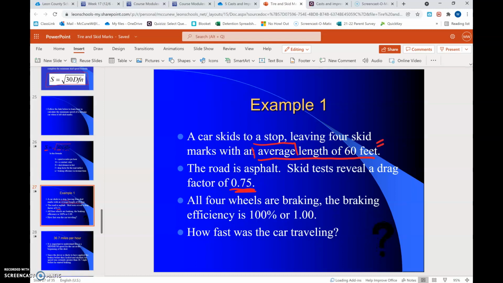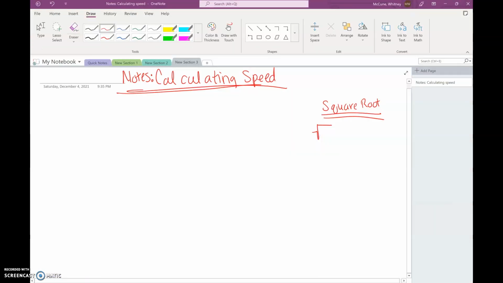So we have 60 feet is our distance. 0.75 is our drag factor, and all 4 wheels are braking, and the braking efficiency is 100%, or 1. This is our N, and we want to know how fast the car was traveling. So let's go ahead and head over. We're going to be doing example 1 here.